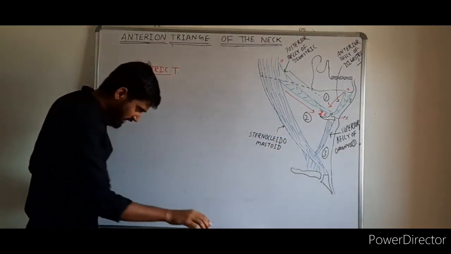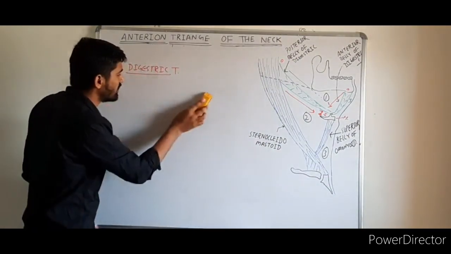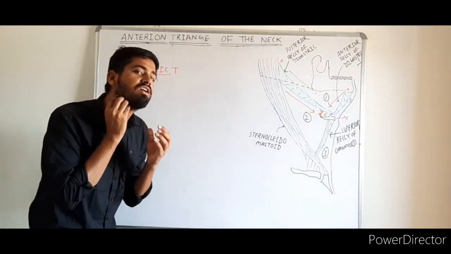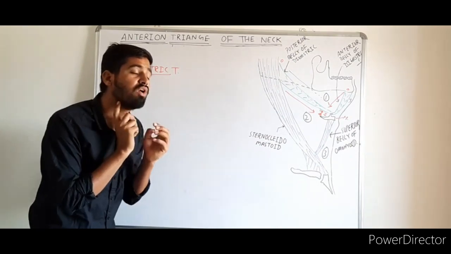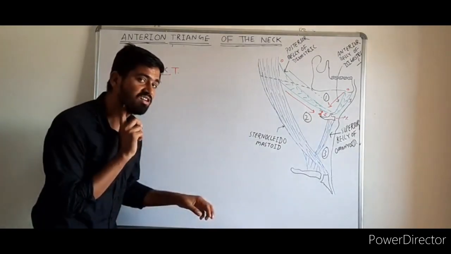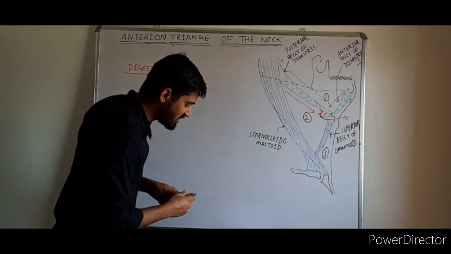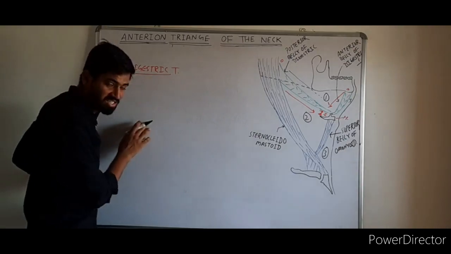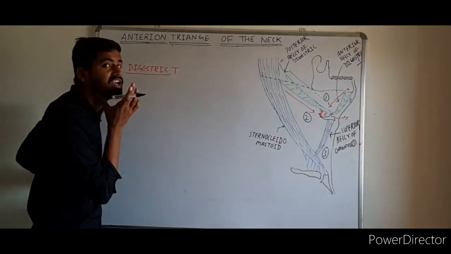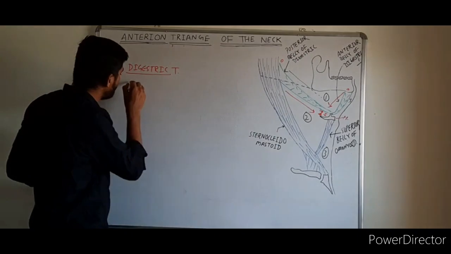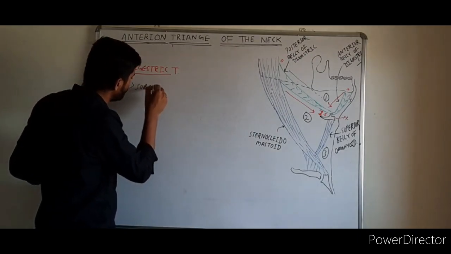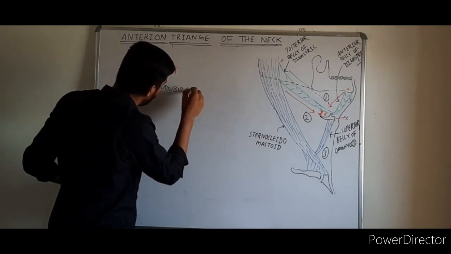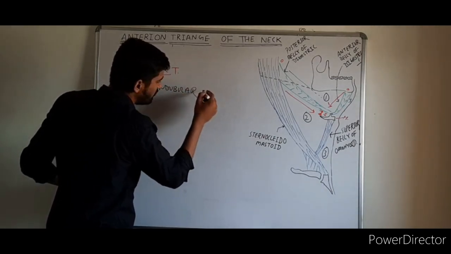Now, what is the content of the digastric triangle? In anatomy, you should have one thing, that is good imagination. Now you just tell me, the digastric triangle is situated here somewhat. What is the structure here? The submandibular gland, that is a salivary gland, is somewhat here. So the first content is the submandibular gland.